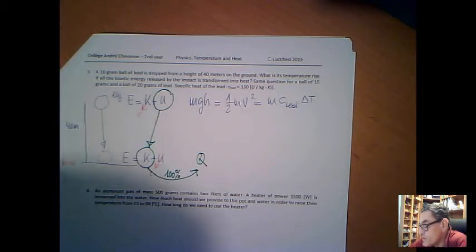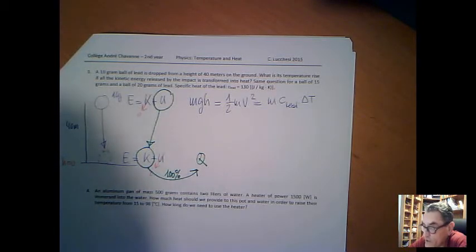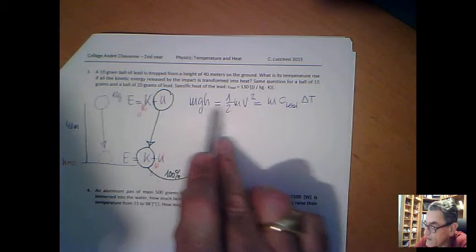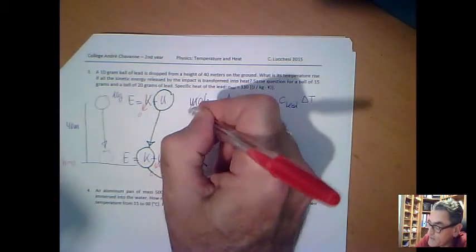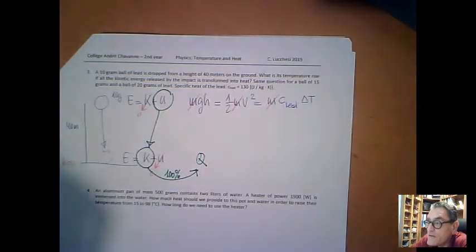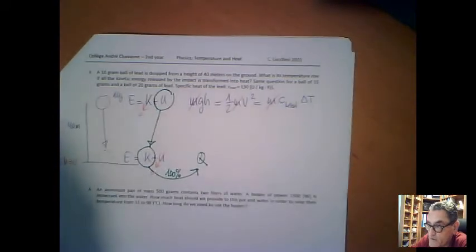Now there is one very cute and important thing which happens here, which I would like you to notice. It is that the solution to this problem is independent of the mass of the lead. Indeed, in these equations, this m is always the same. It's the mass of the lead, and so you can simplify it in the equation.